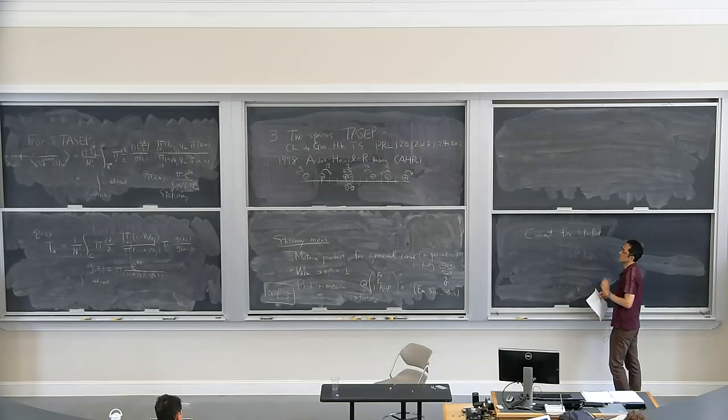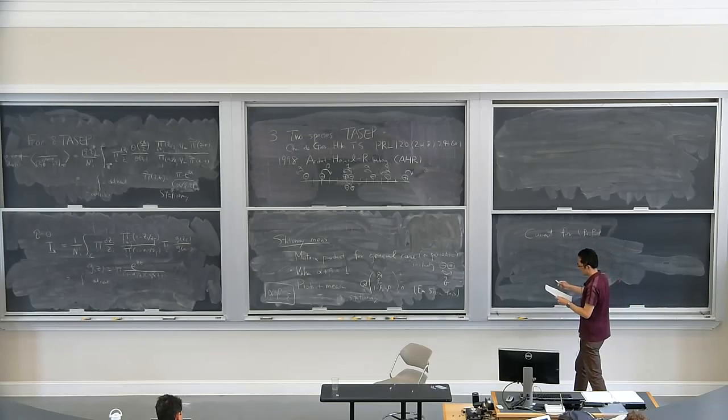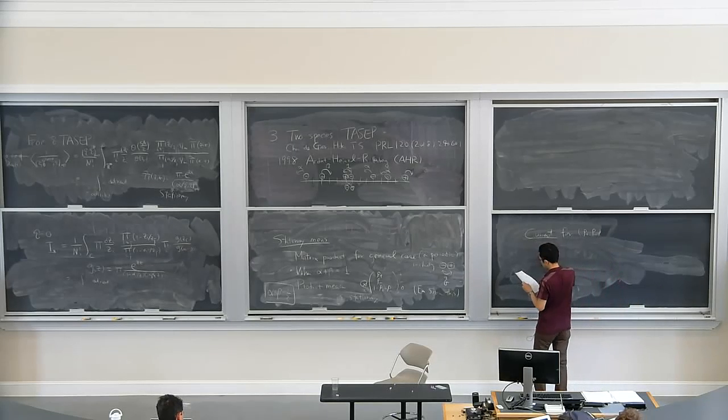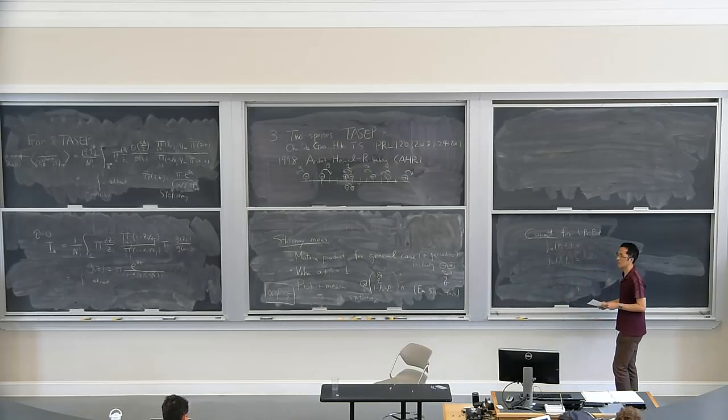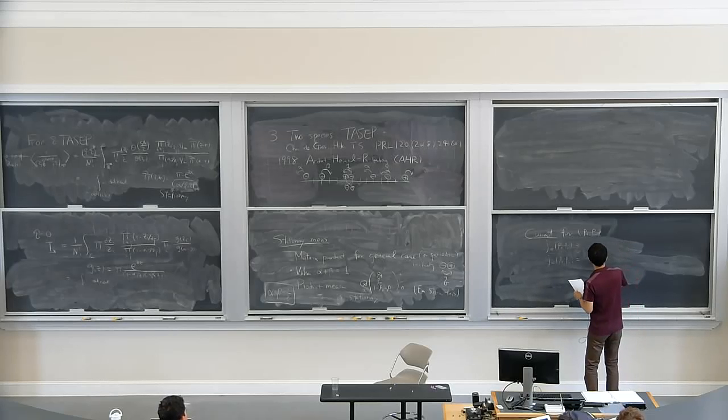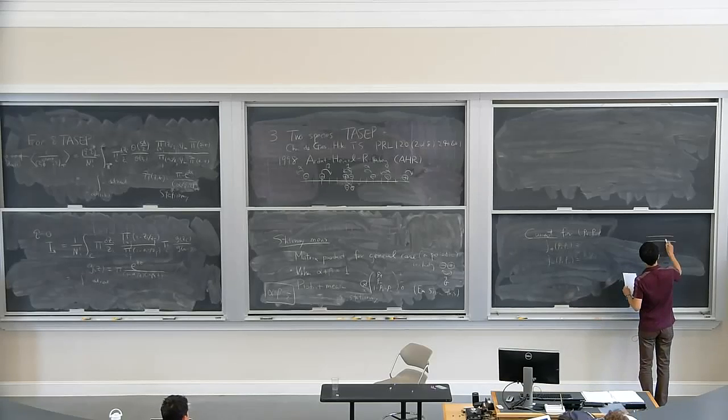In this case, what is the current? It is a function of rho plus and rho minus. Can you write it down immediately? Yeah, this is pretty easy, right?